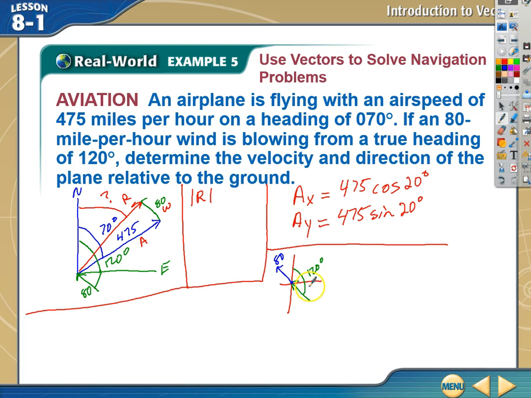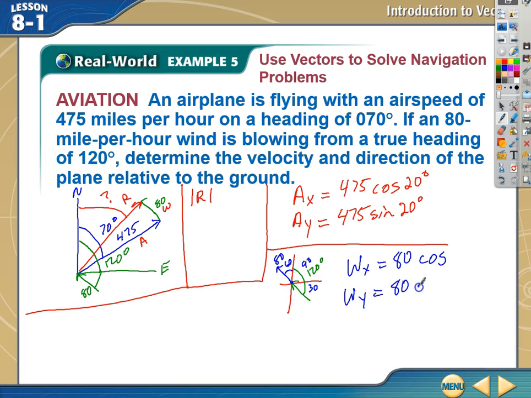Well, I know that this little bit was 30, right? This little bit was 90. That's a straight line, forms 180 degrees. 30, 90, oh, what's left over? 60. Why did I need to find that? Again, to break it into my component parts for WX and WY, the easy part is knowing this is 80 cosine.